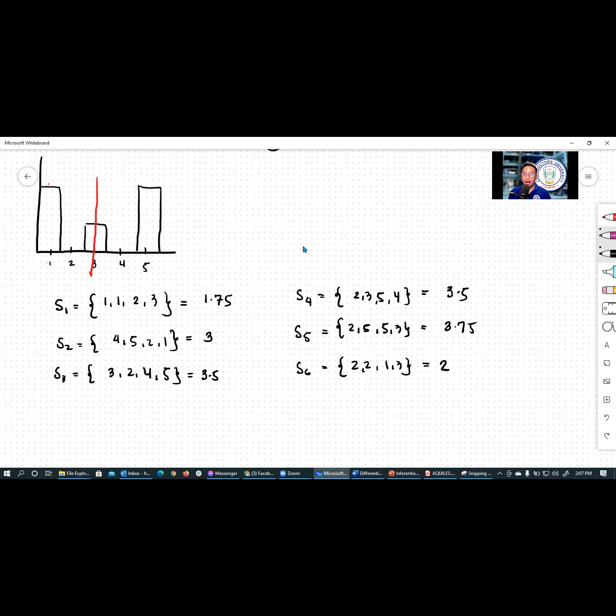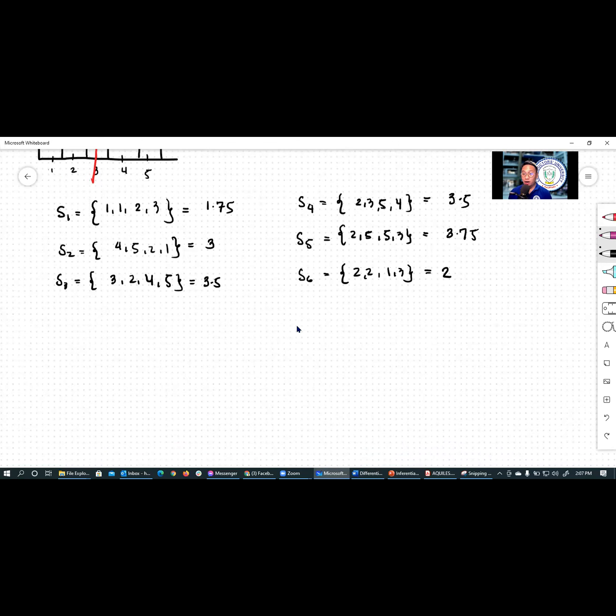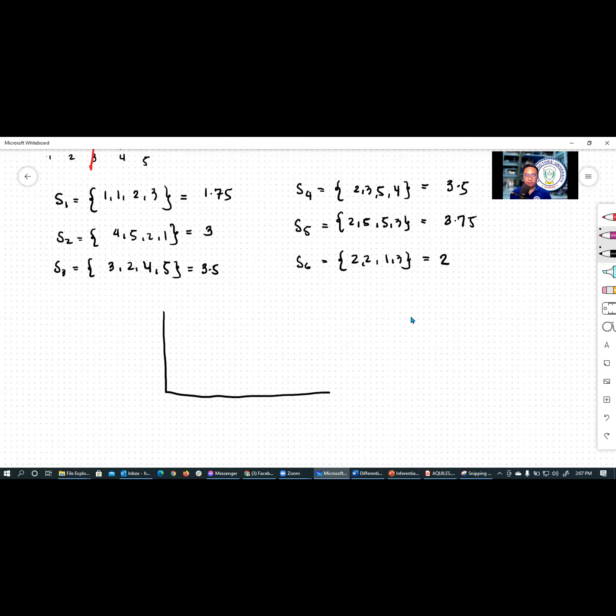I'm going to plot these values using a bar graph. So here, the smallest number I have is 2. I have 3. I have, let's say, somewhere here, 3.75.